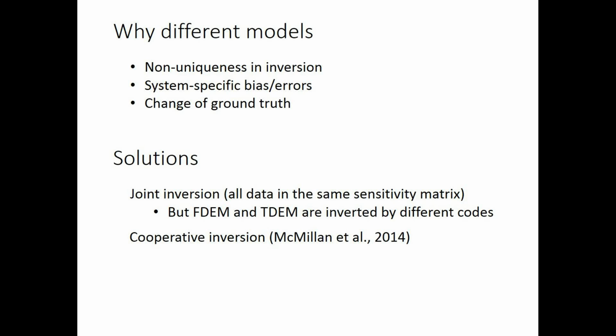So eventually, you are able to arrive at a final model that satisfies both datasets. That's the basic idea. By the way, this is the best paper in Geophysics in 2014, so it's a very well-written paper.